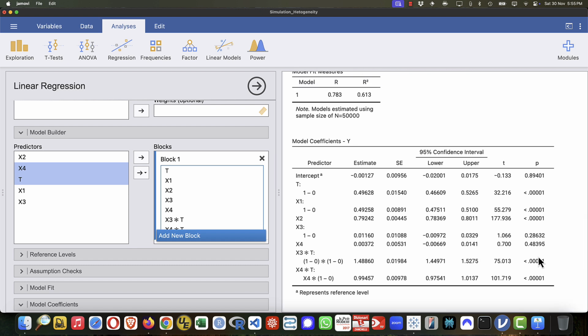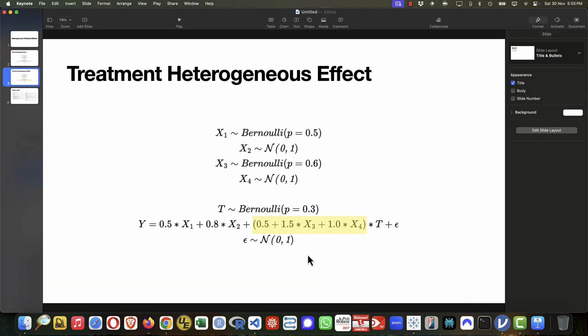And notice one thing. Did we recover the true parameters? Compare these coefficients with the coefficients that were used to generate the data. 0.5 times x1, 0.8 times x2, and then 0.5 plus 1.5 times x3, 1 times x4, multiplied by t. So the heterogeneous effect is with respect to x3 and x4.